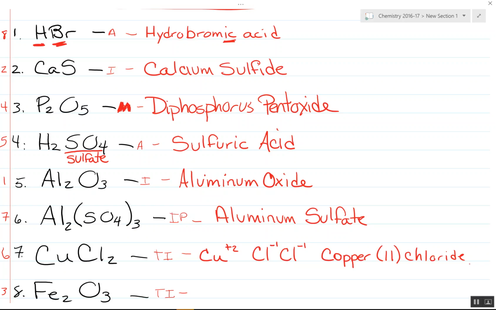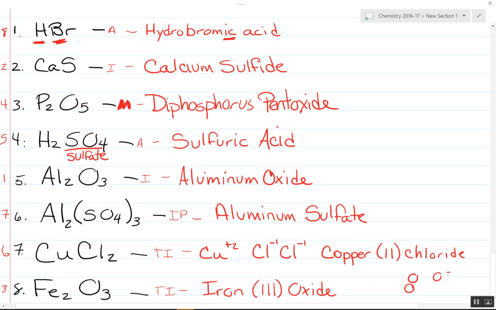And then table 3, iron's in the middle. It'd be iron 3. You are correct. Now, somebody goes, why is the 2 there? Here's the deal. You have 3 oxygens, right?